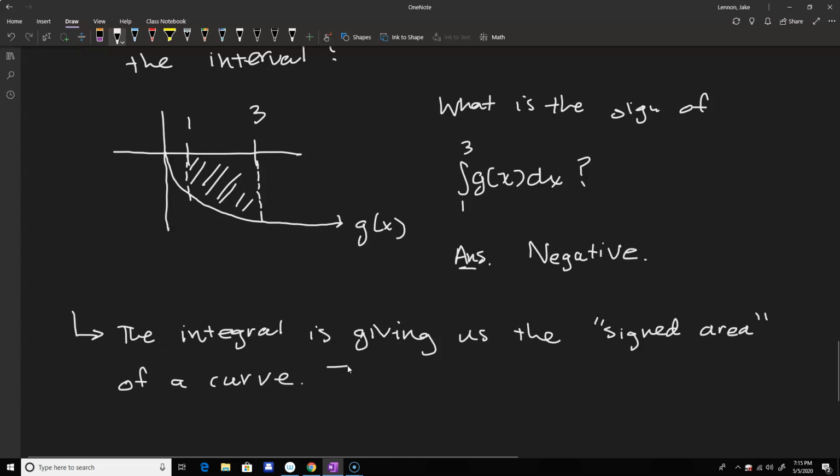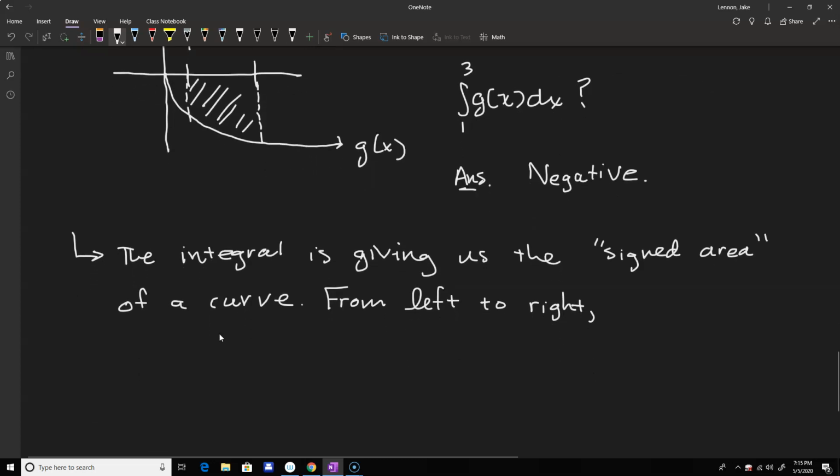From left to right, above the x-axis is going to correspond to positive, and below the x-axis is going to correspond to negative.